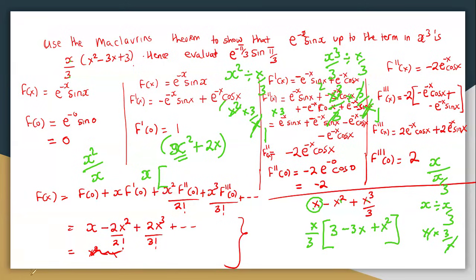So at this point now, our whole thing is going to turn into x out of 3. You organize it the way they gave it to you as x squared minus 3x, then plus the 3. So that is how we get at that point.